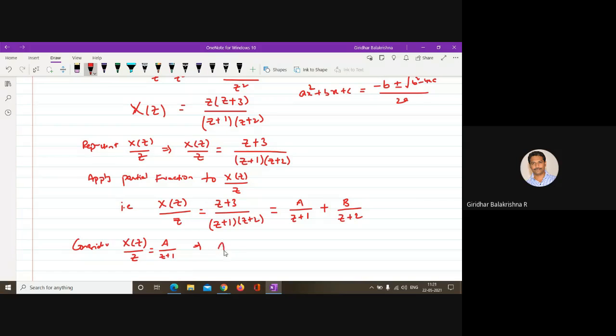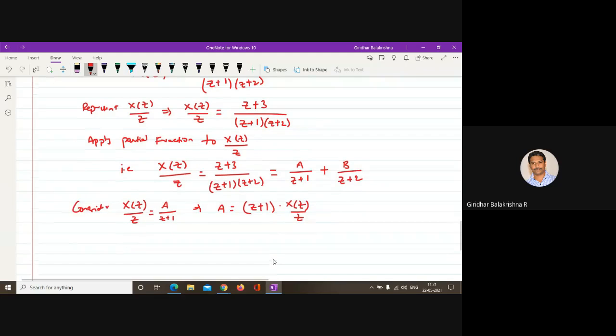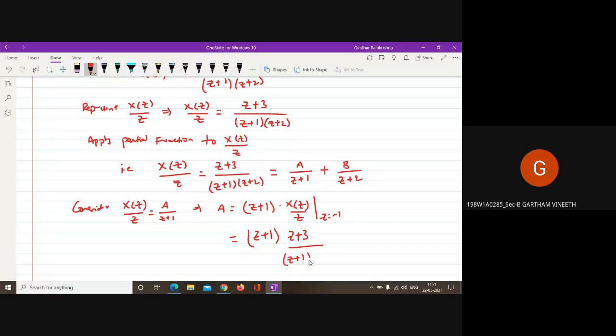From this, A equals z plus 1 into X of z by z, at z equal to minus 1. So A equals z plus 1 into z plus 3 by z plus 1 into z plus 2, at z equal to minus 1.